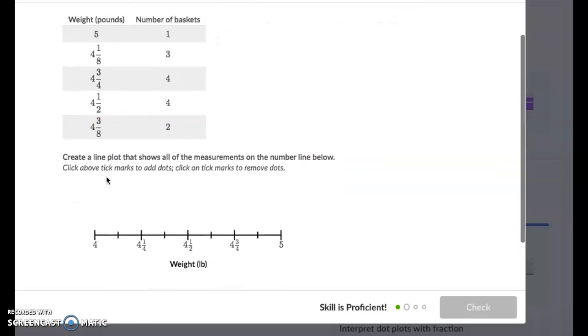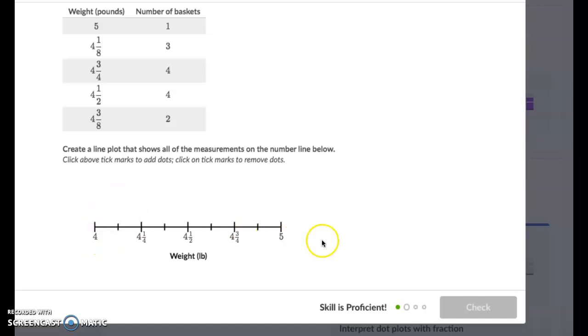If I go down to my number line, again, I need to make sure I understand what each of these means. So I'm going to look between my 2 whole numbers. Here's my whole number 4, and here's my whole number 5. I'm counting the spaces. There are 1, 2, 3, 4, 5, 6, 7, 8 spaces.